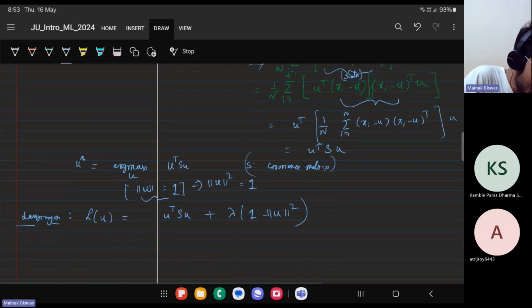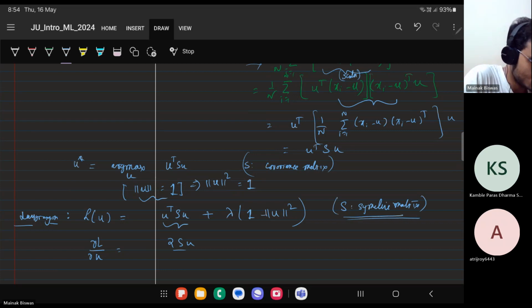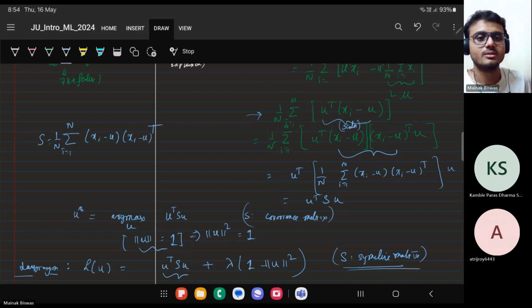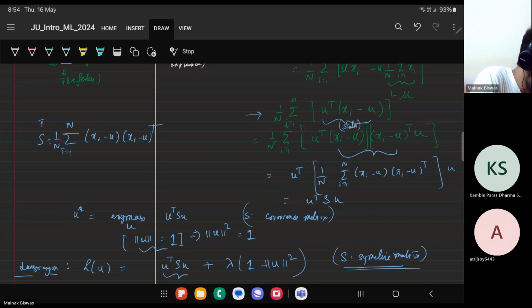So now dL/du, what will this be? This is 2Su. S is a symmetric matrix. Why is it a symmetric matrix? S is equal to sum over i equal to 1 to n of 1 by n (xi minus mu)(xi minus mu) transpose, right? Take the transpose of this, and it's symmetric.